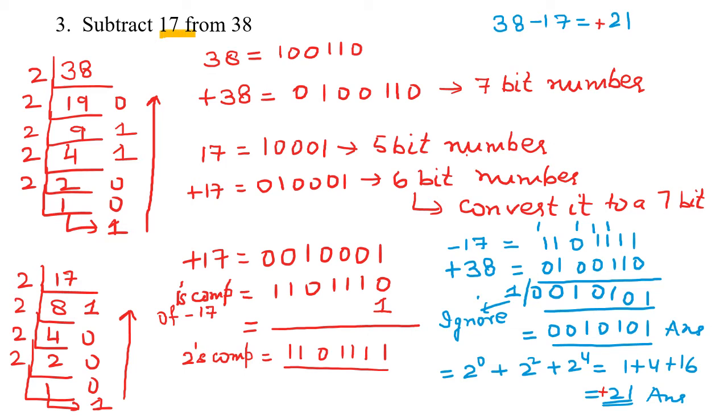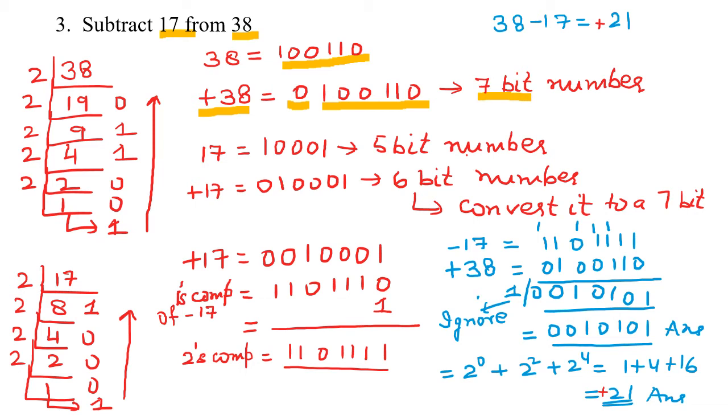Subtract 17 from 38. First find the binary equivalent of 38 by dividing it by 2 and it comes out to be 100110. Then write plus 38, which is a sign bit 0 in front of the magnitude 100110. This is a 7-bit number.